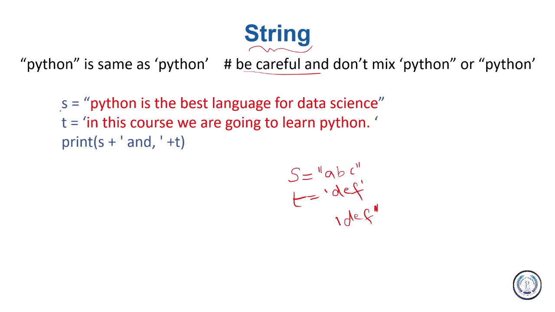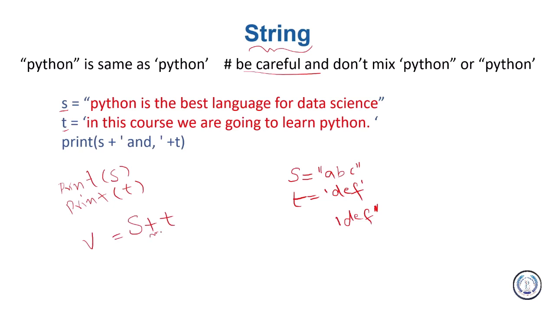So let's say this s is a string: "Python is the best language for data science." Let's say t is another string that is defined by single quotes: 'In this course, we are going to learn Python.' Then you can print s, and you can print t. You can also add two string variables s and t, and the result is a new variable v.